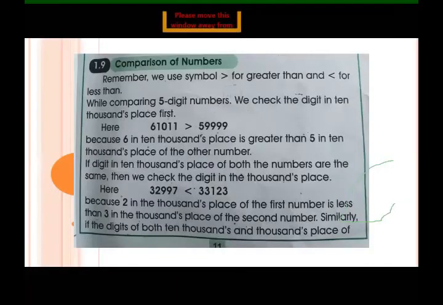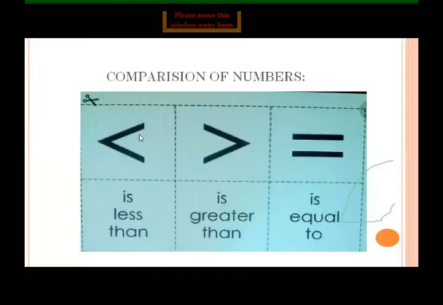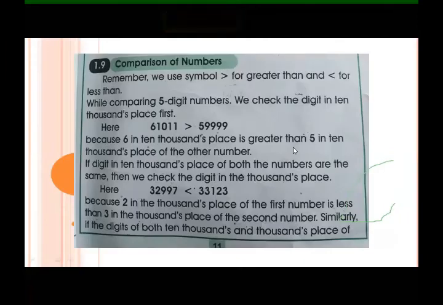Here you see, also open your books, page number 11. Comparison of numbers. You know that we put 3 signs whenever we do exercise related to comparison of numbers, that is less than, greater than, and is equal to. Remember, we use this symbol for greater than, and this one is for less than.